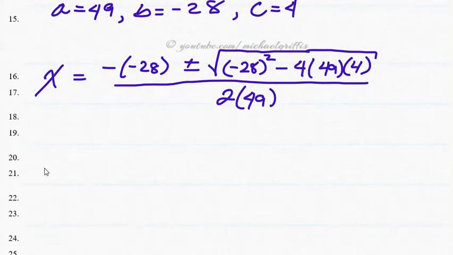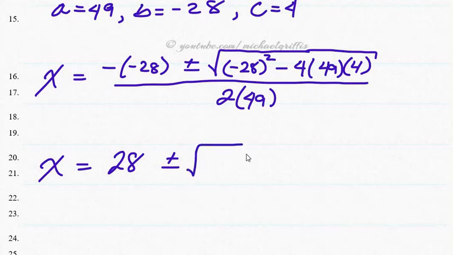Putting our 49 right there. Okay, let's clean this up. So we have x is equal to a negative times a negative is positive, so that's just going to make that 28, plus or minus, okay. So let's take a look at this. -28 squared.